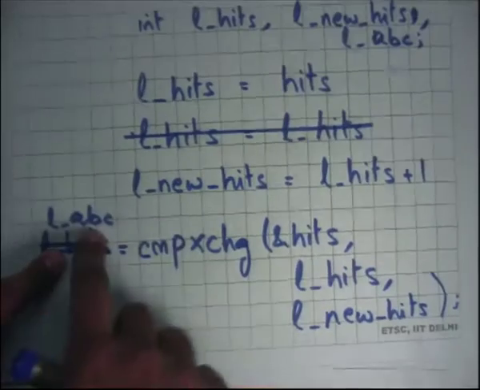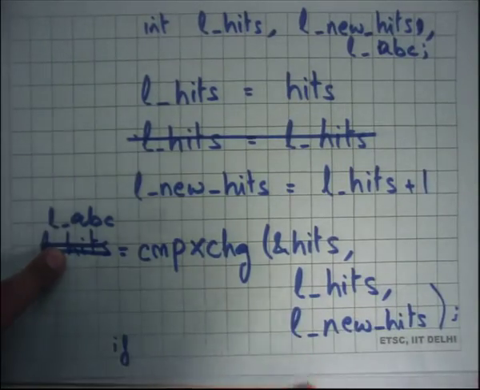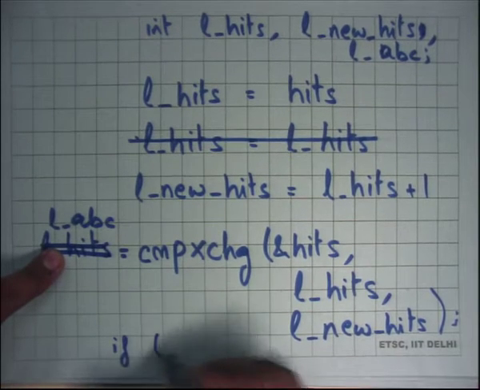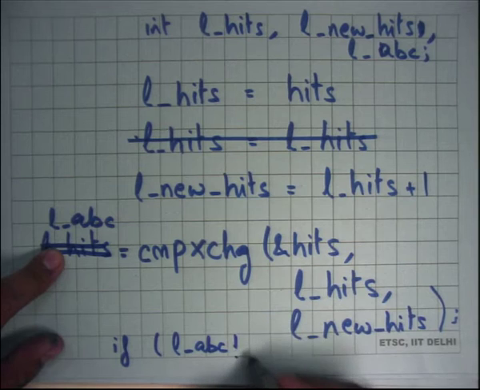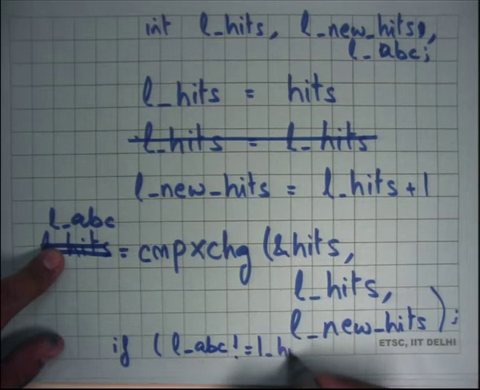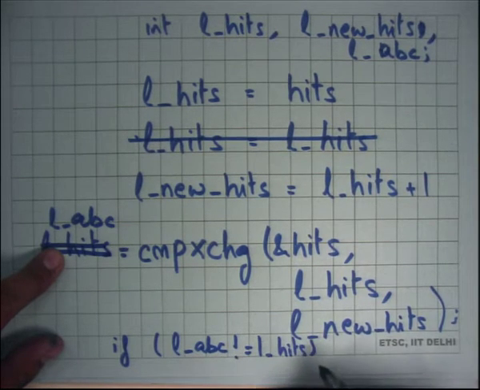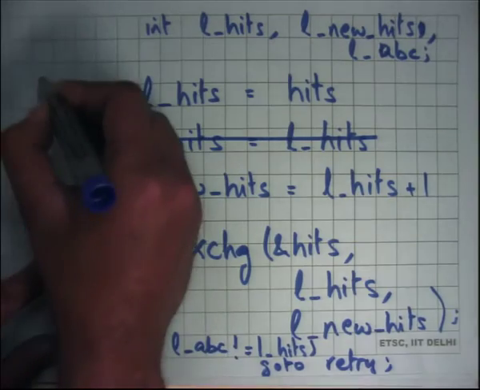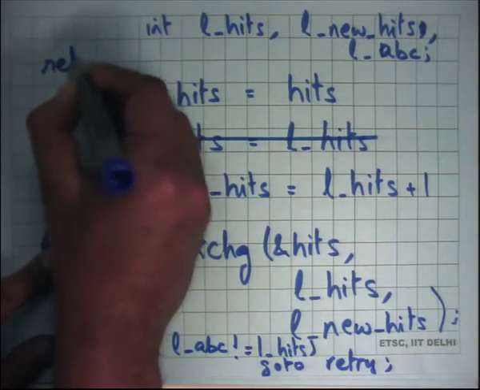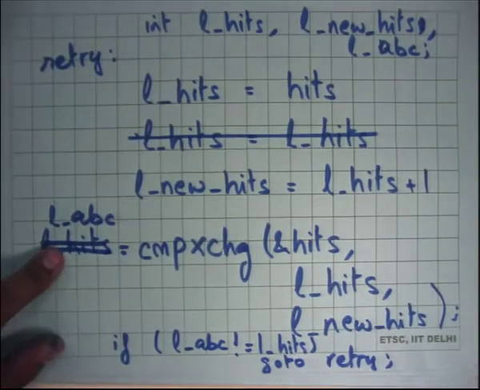So I basically read the old value into L_ABC, and I say that if L_ABC is not equal to L_hits, then what do? Retry, right. So go to retry, and let's say retry is going to be here, right.